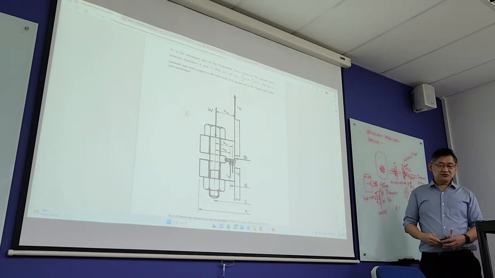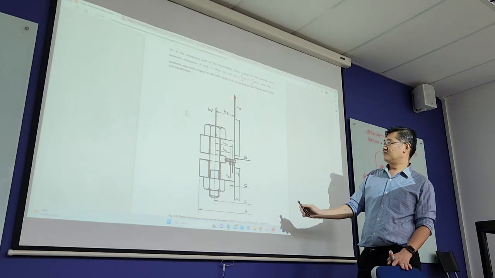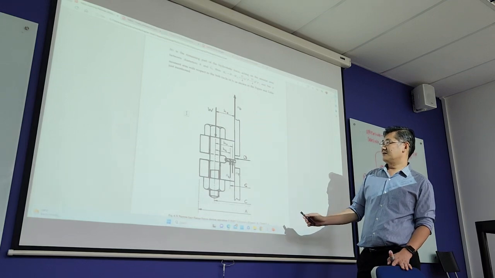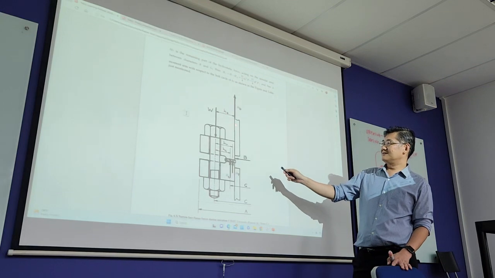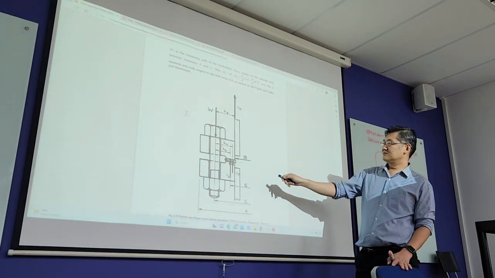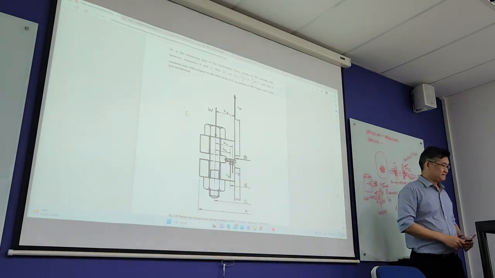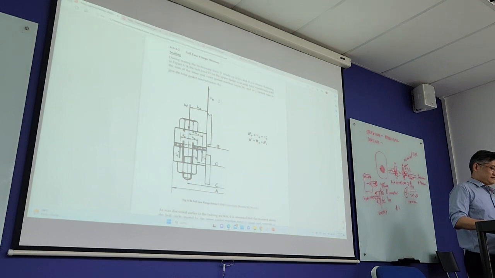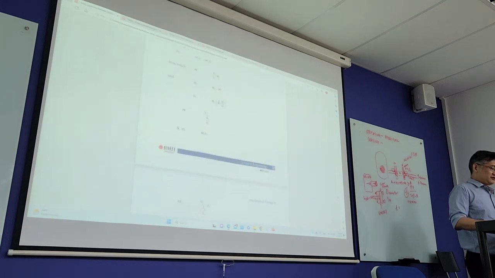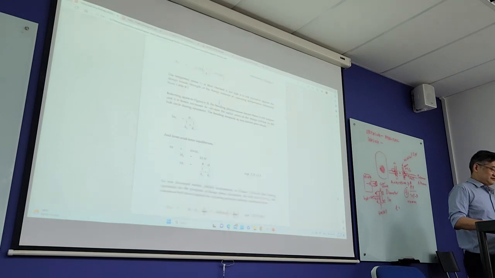So W is the bolt load, and this H_D is the force from the hydrostatic. Then the small h_D is the distance from the nozzle to the center of the bolt. Over here, you can go through the details yourself.